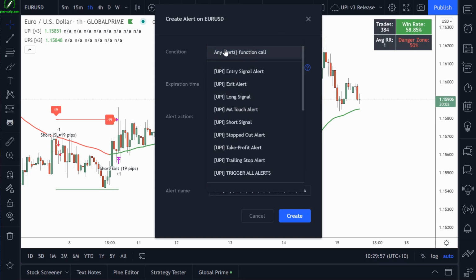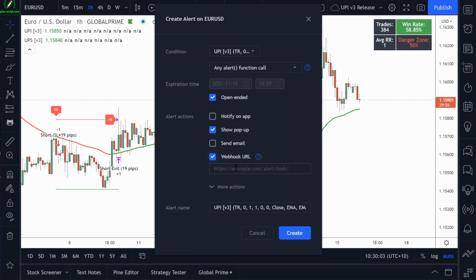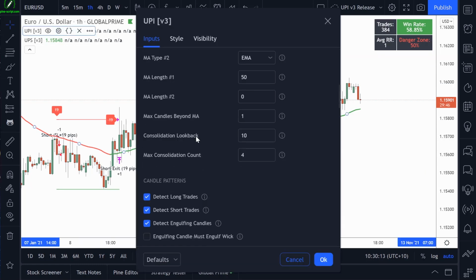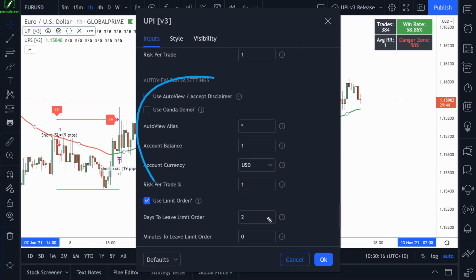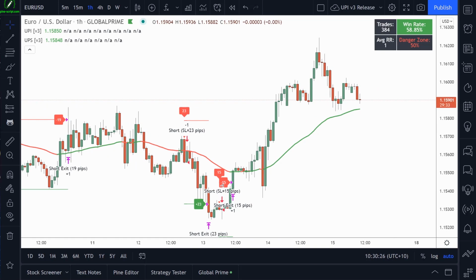If you want to trade through a third party like PineConnector or AutoView, you'll need to select any alert function call and put in the appropriate webhook. That's all you need to do in order to automate this script. It will handle everything else for you based on whatever you set up in the settings menu for these services down here. And that sums up the user guide for this script.